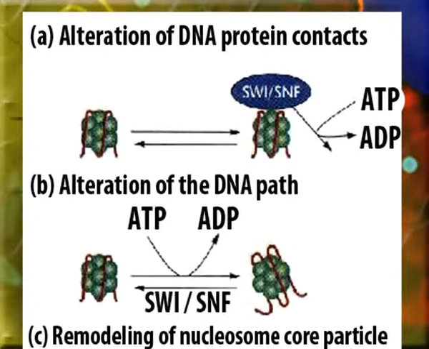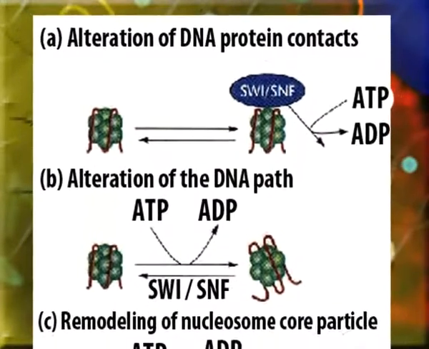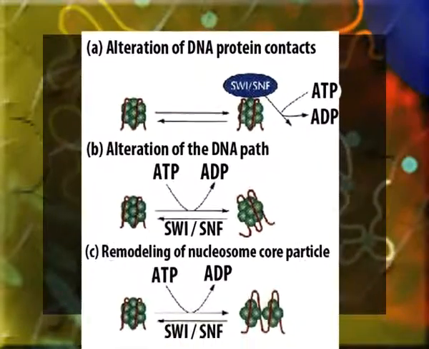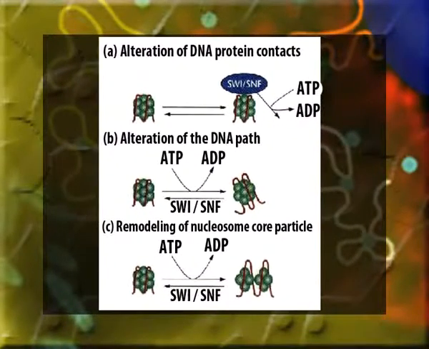These complexes can make the underlying DNA more accessible to other proteins in the cell, especially those involved in DNA replication, repair, and gene expression. During mitosis, at least some of the chromatin remodeling complexes are inactivated, which may help mitotic chromosomes maintain their tightly packed structure.